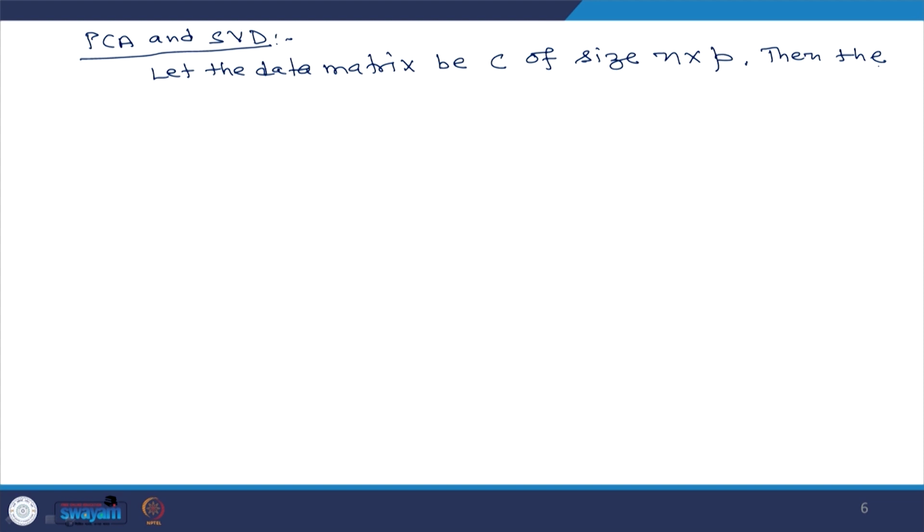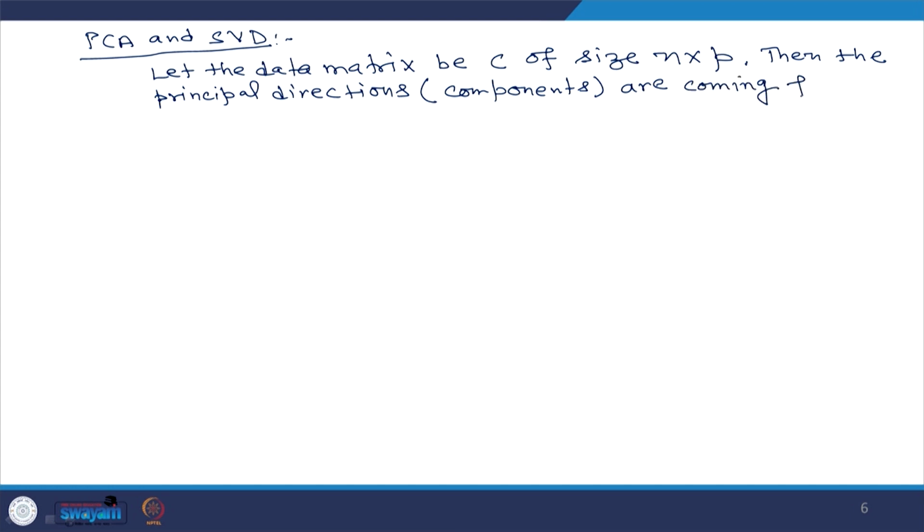Then the principal directions and therefore components are coming from the eigenvectors of the covariance matrix sigma c, and that is 1 upon n minus 1.